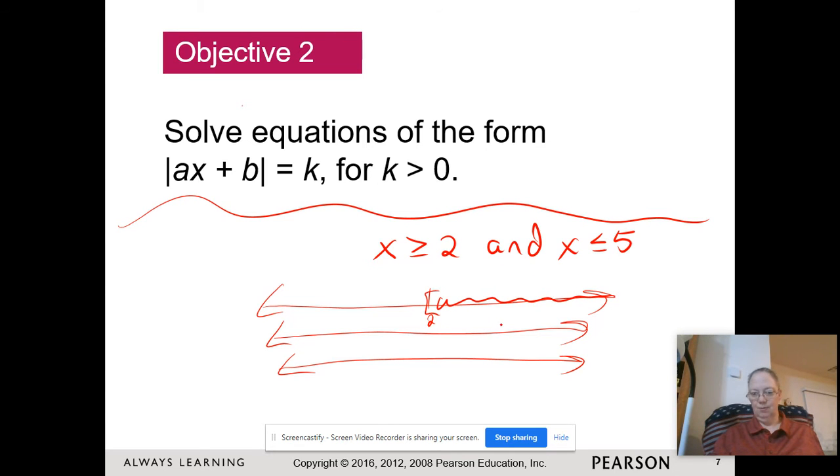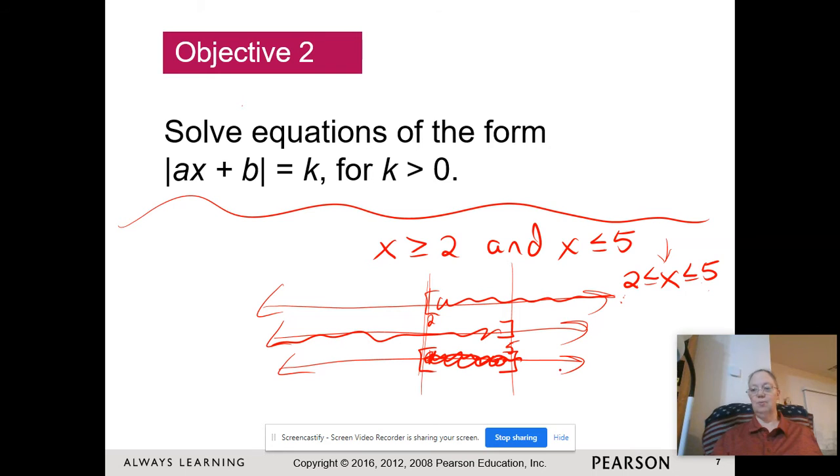And the second one, we've got 5, and we're going in this direction. And it's and, so it's the overlap. So it would be between 2 and 5. If we write this as an inequality, we usually write it as 2 is less than or equal to x is less than or equal to 5. We usually write it with the x in between these 2 numbers, smaller number on the left, bigger number on the right.